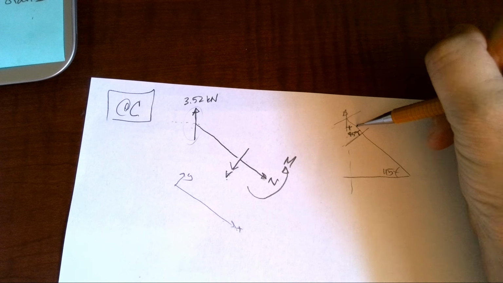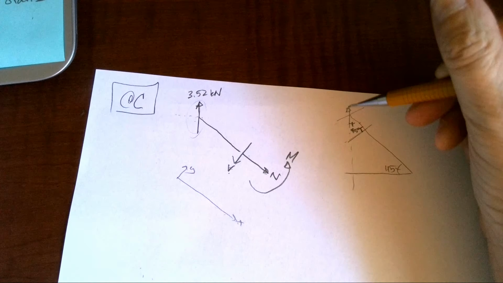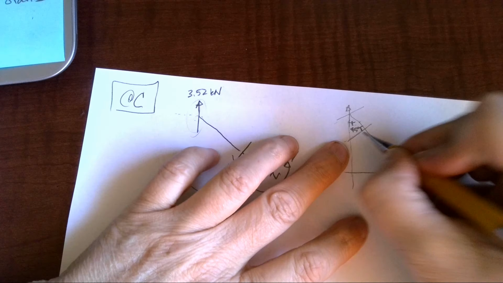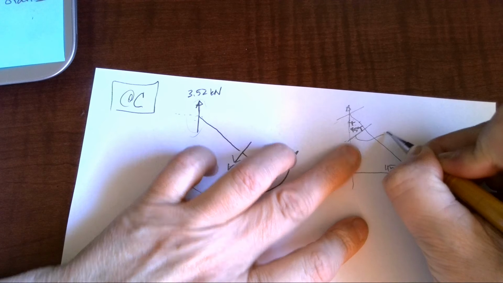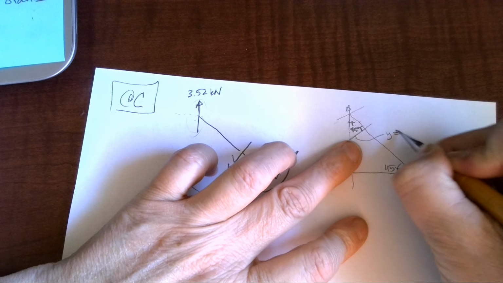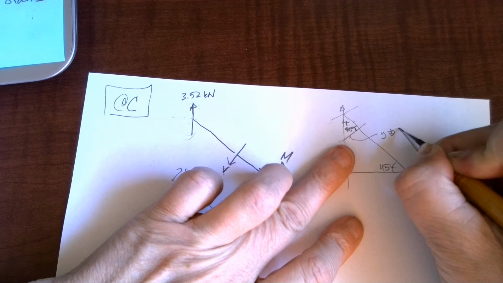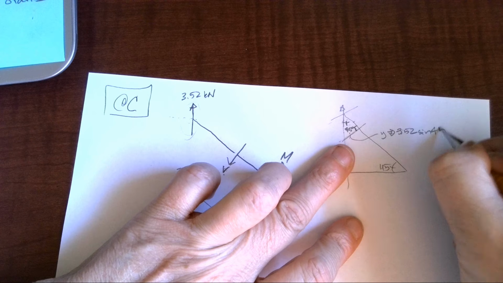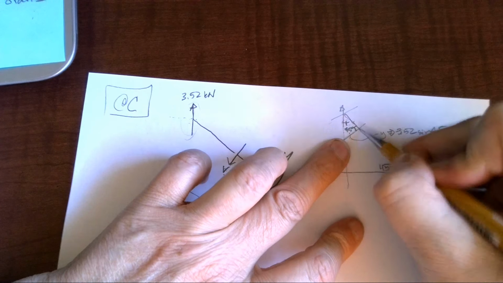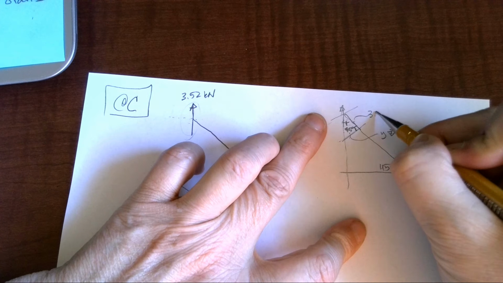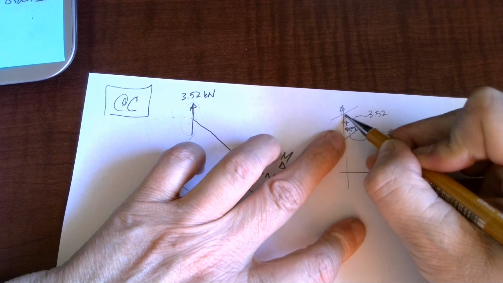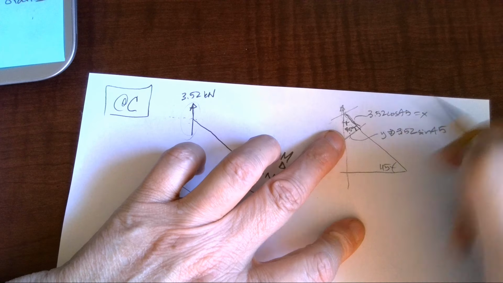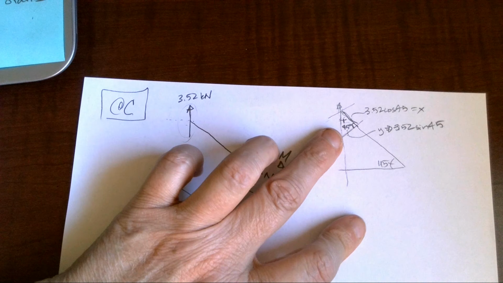Okay, if I make a 45-degree angle up here because it's 45, 45, this y direction is going to be 3.52 sine of 45. The x component of my reaction is 3.52 times cosine of 45. That would be the x component in my rotated system.